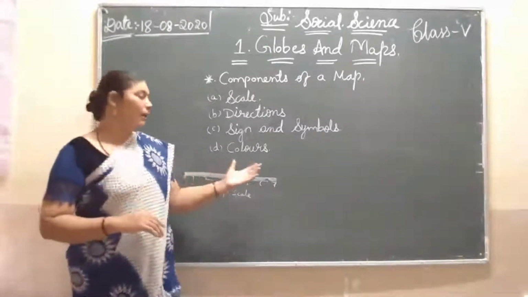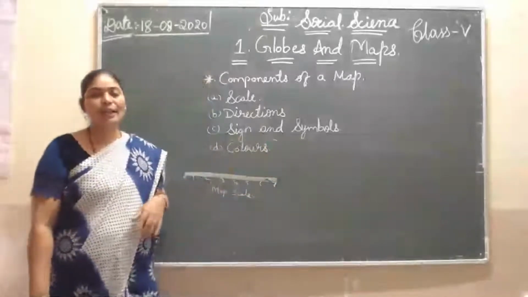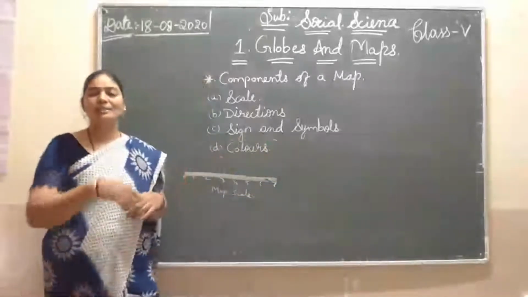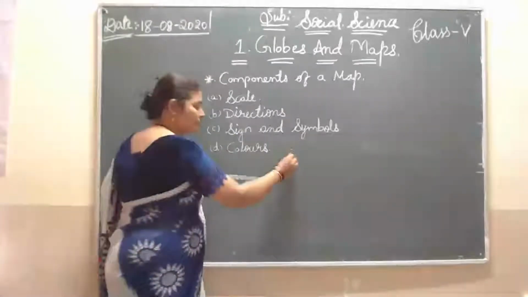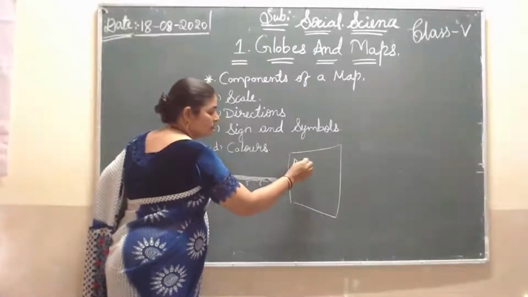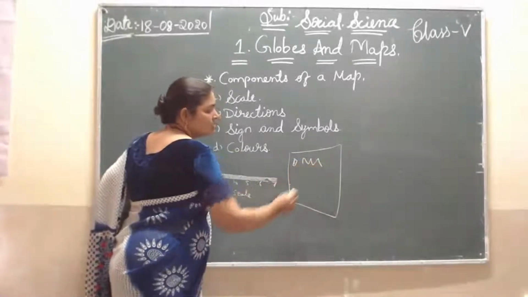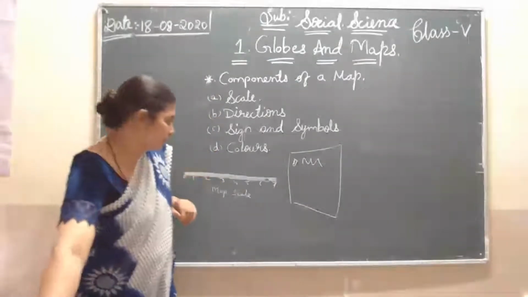In the map, they give us a key block, an index, in which they show the symbol for mountains. This way, mountains, and its color is brown.